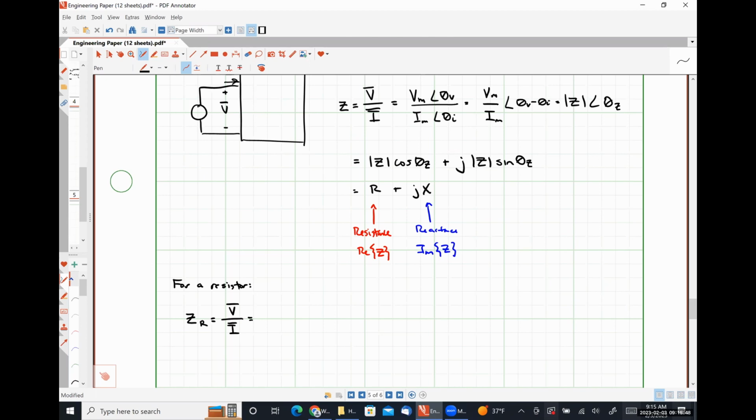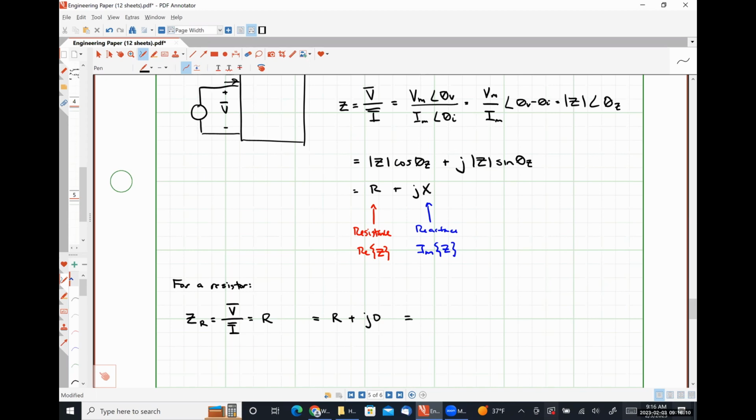R. Absolutely right. The impedance of a resistor is nothing more than the resistor value, okay? In a more formal rectangular form description, that's going to be R plus J0.